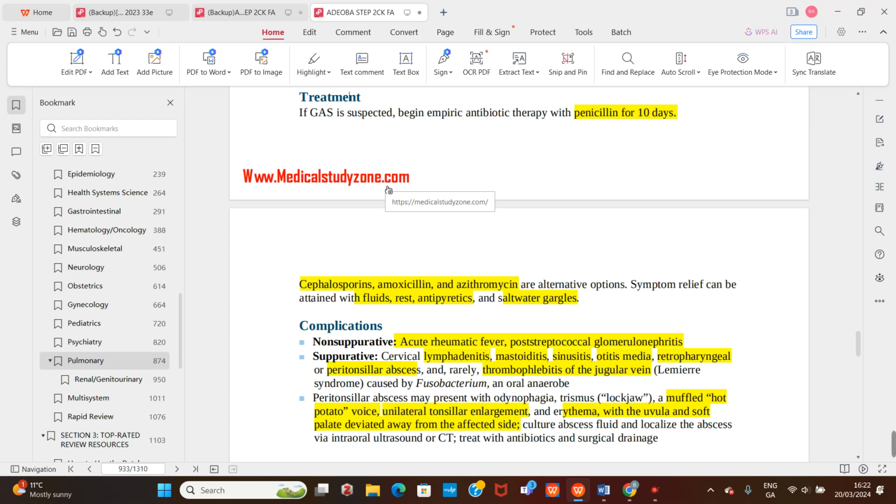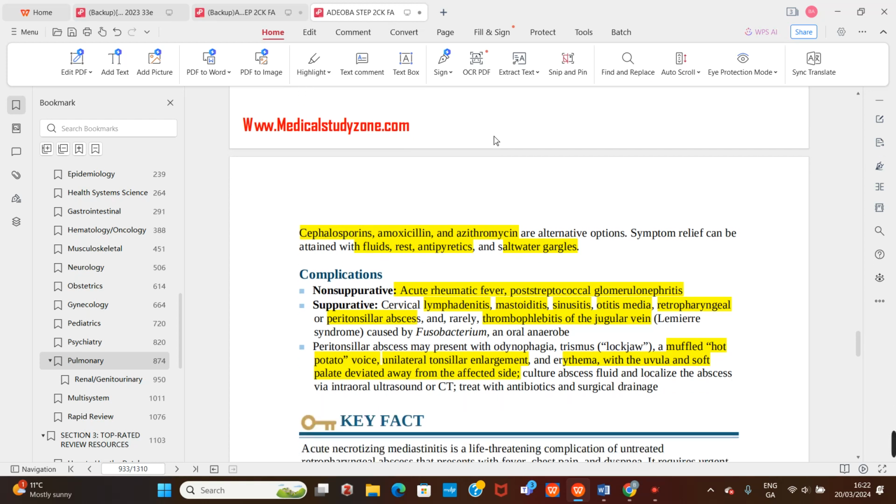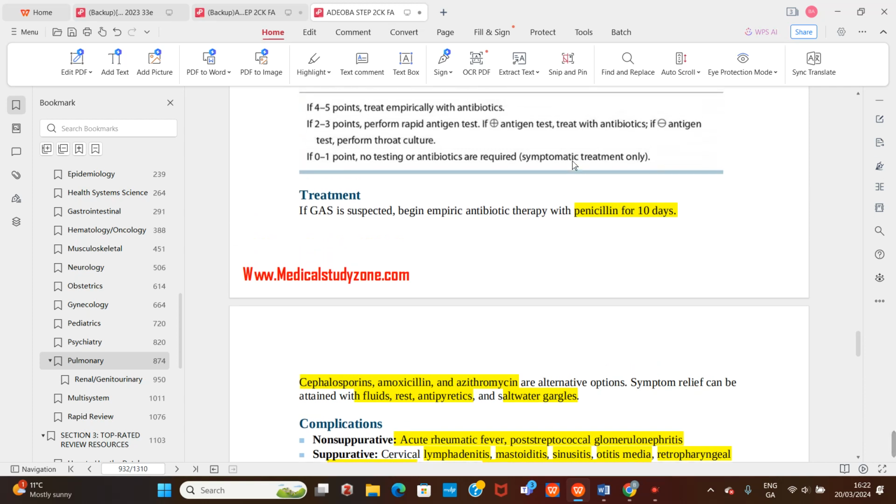If it's negative, you proceed to do your throat culture. But if you get a value between 0 to 1, you know that it's very, very unlikely. So you don't place on antibiotics. You don't do any further test. You just treat symptomatically.